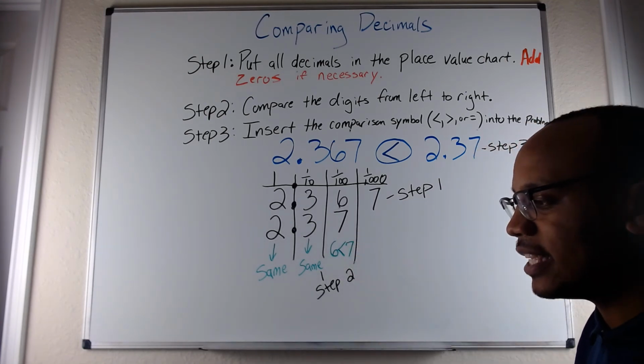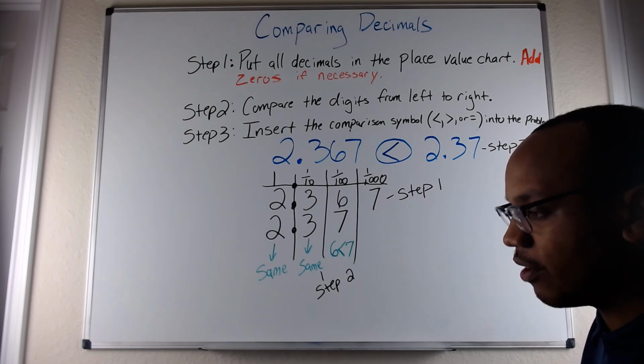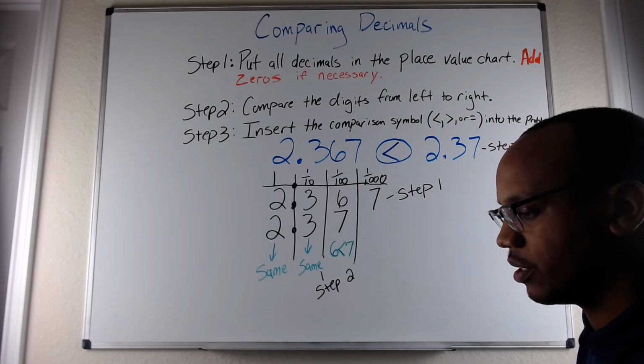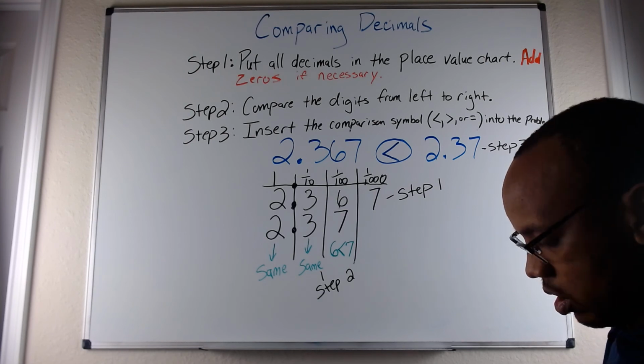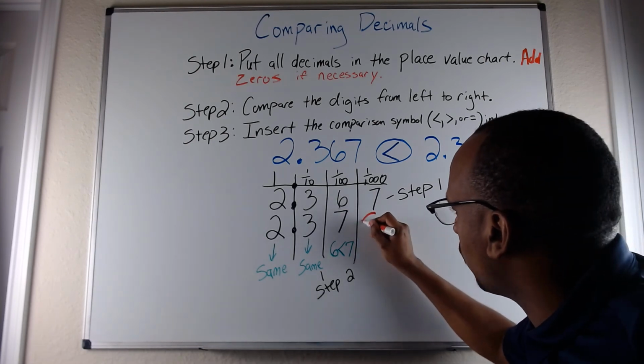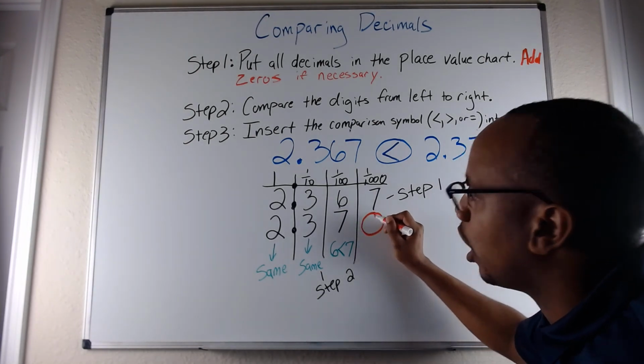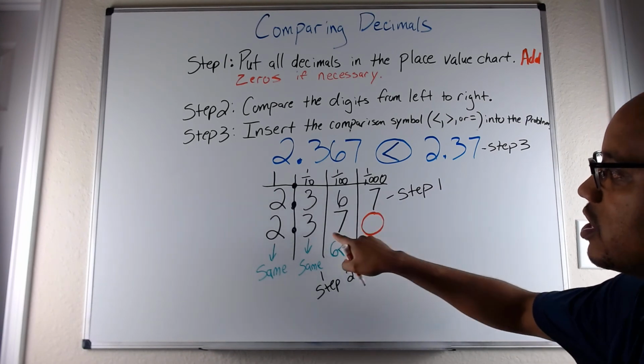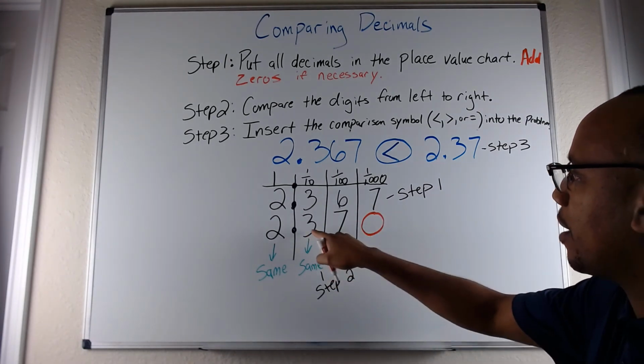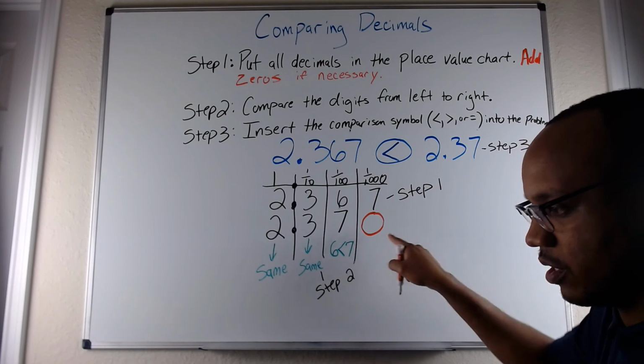So adding 0 makes you compare thousandths to thousandths. So when I add this 0, I'm no longer comparing thousandths to hundredths. Now I'm comparing thousandths to thousandths.